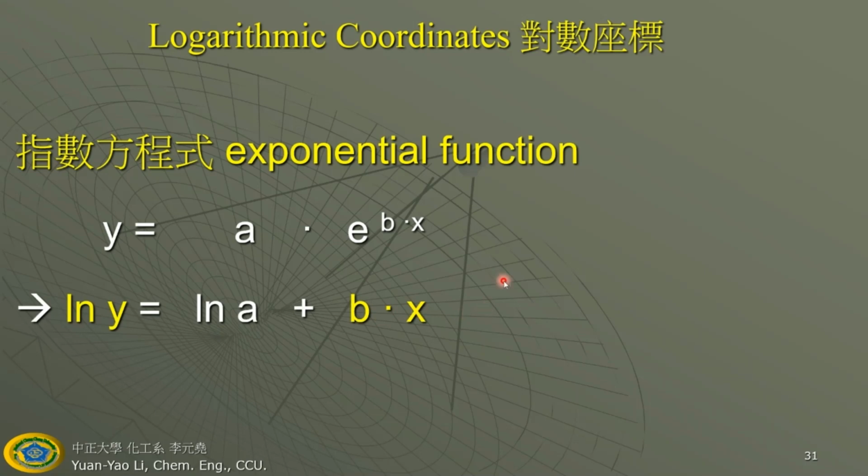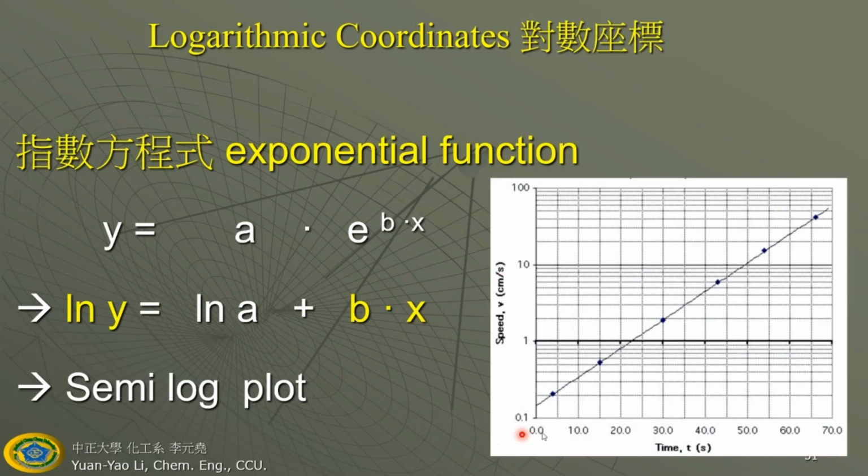Once you show this data on paper in a scale, this is what we call a semi-log plot. What is a semi-log plot? This is rectangular scale, and this is log scale, right? From 0.1, 0.2, 0.3, 0.5, 0.6, 0.7, 0.8, 0.9, 1. Then 2, 3, 4, 5, 10, 20, 30, 40, 50. This is log scale, and this is rectangular scale.